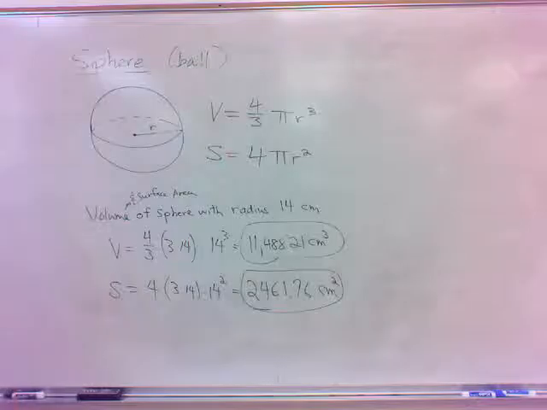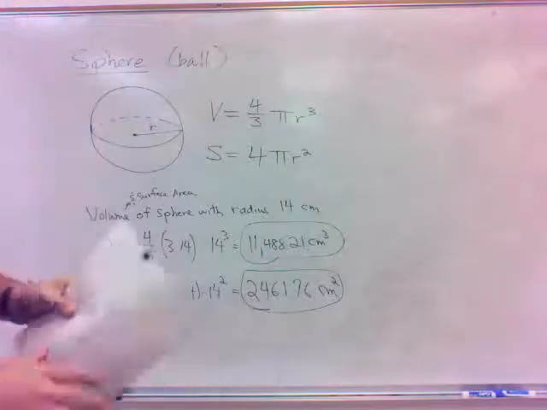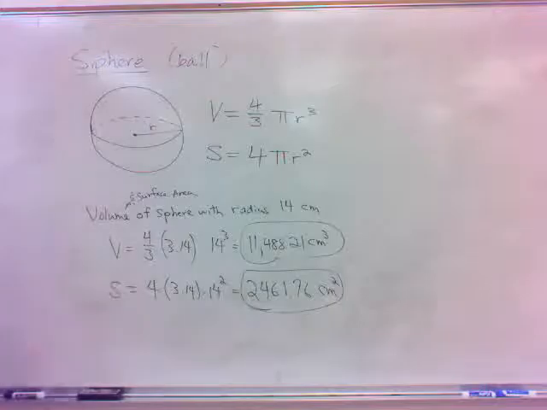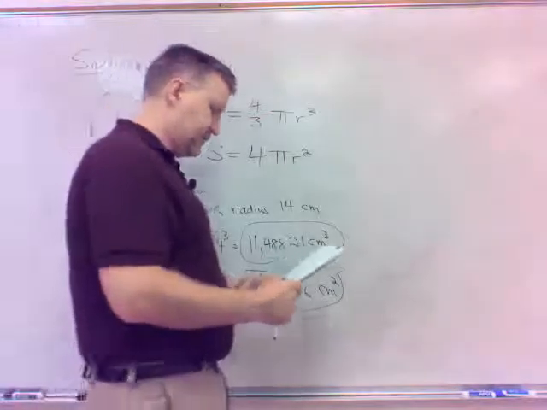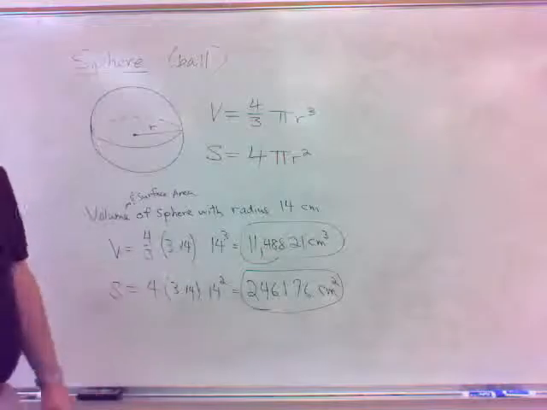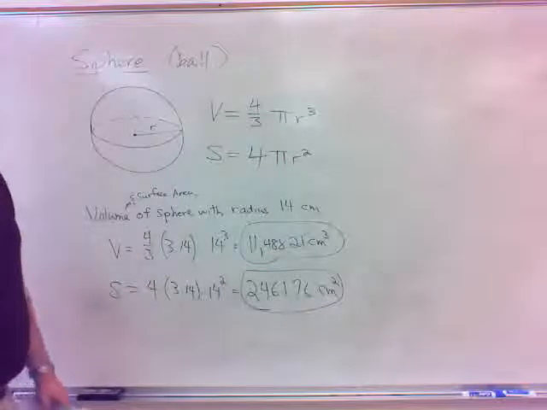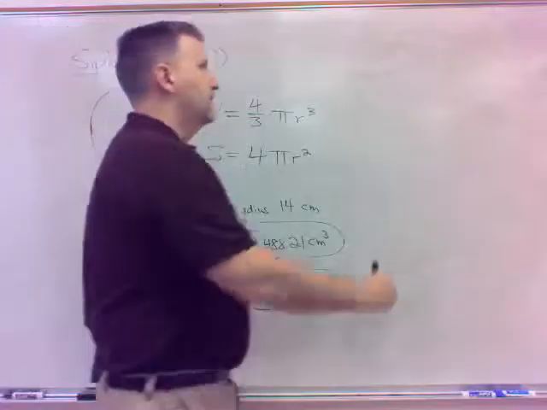All right, now I've got one more problem I want to show you here. And it kind of goes in reverse of what we were doing in these other problems, and that is I'm going to take a problem where I know the surface area and I want to find the radius, and then I can find the other parts as well. Here's the problem.